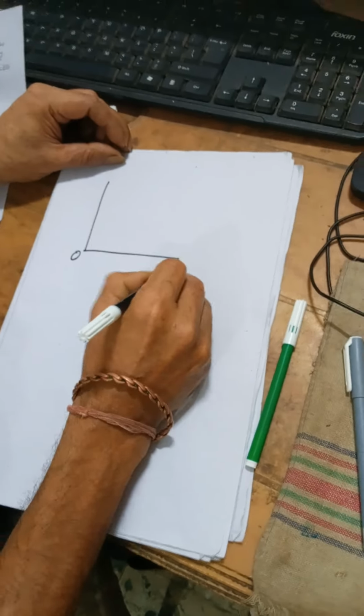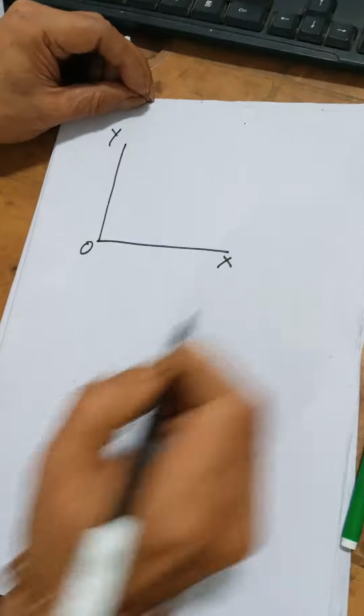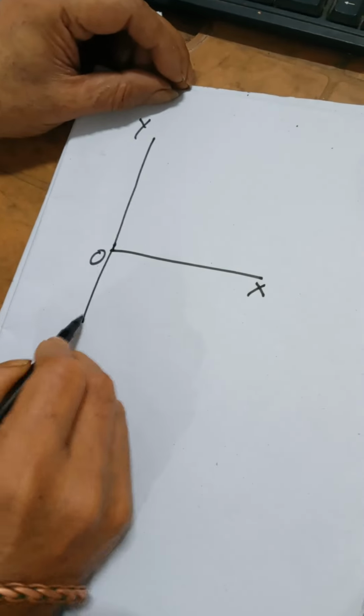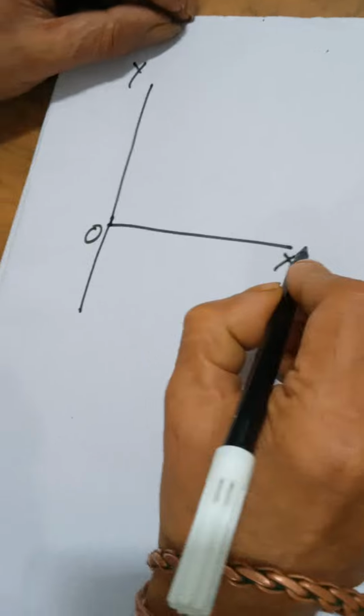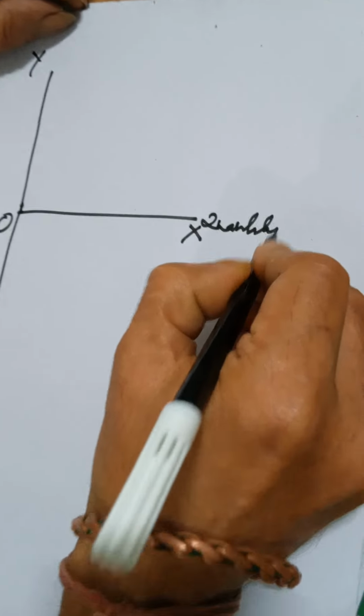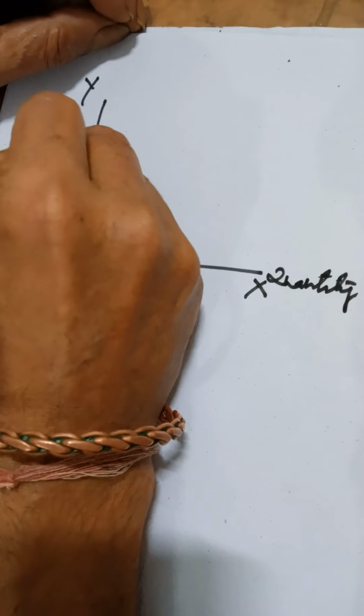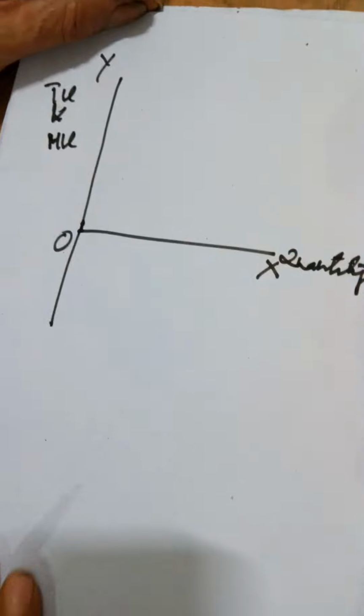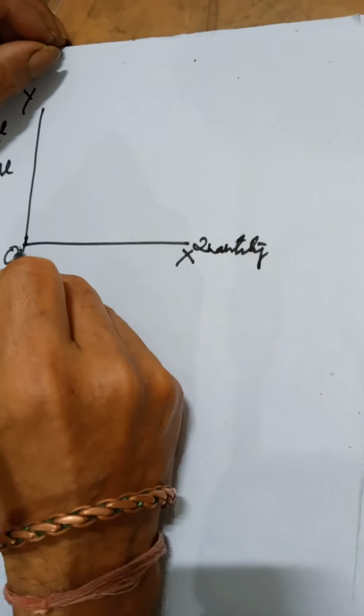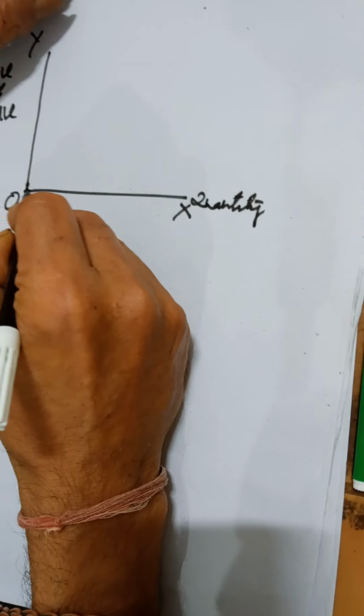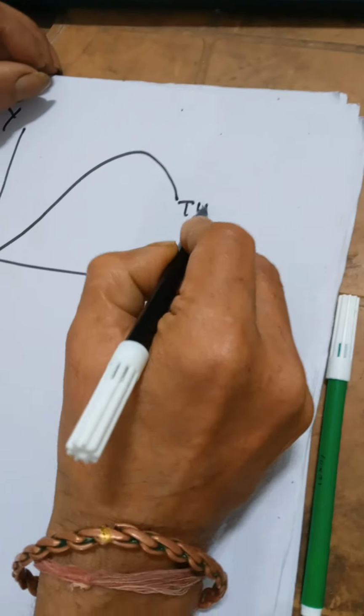On the x-axis we measure quantity, and on the y-axis we measure total utility and marginal utility. When the consumer does not consume anything, the total utility is zero. So the total utility curve starts from the origin. This is the total utility curve.